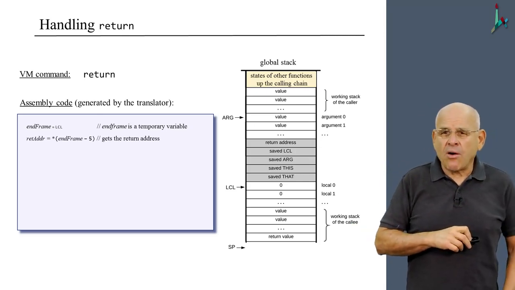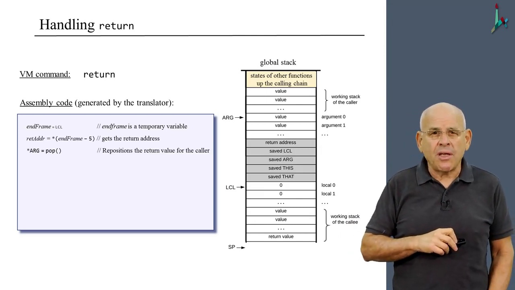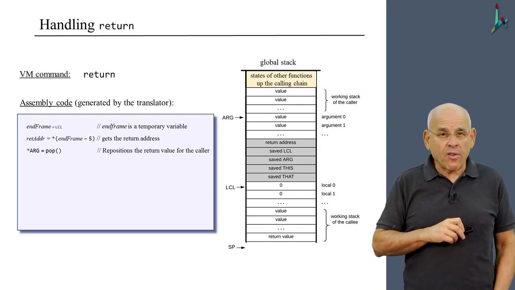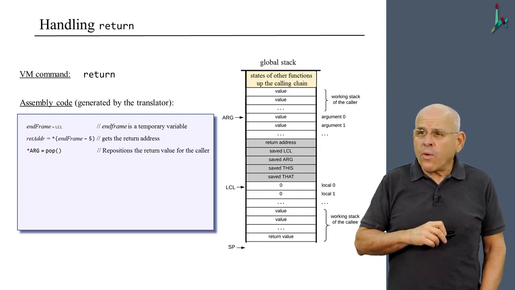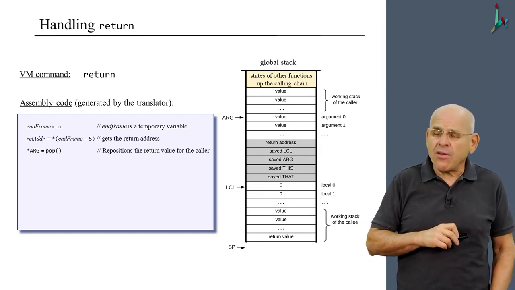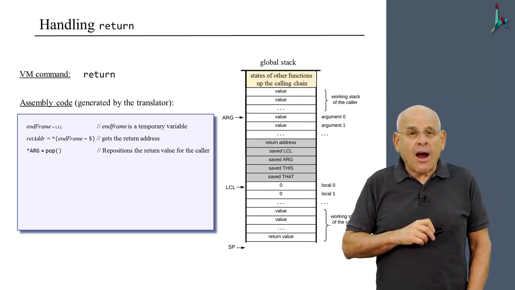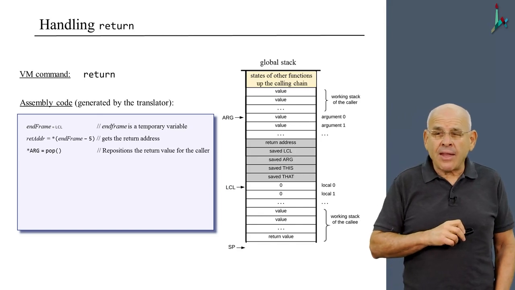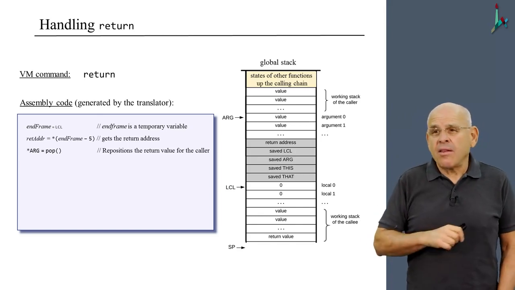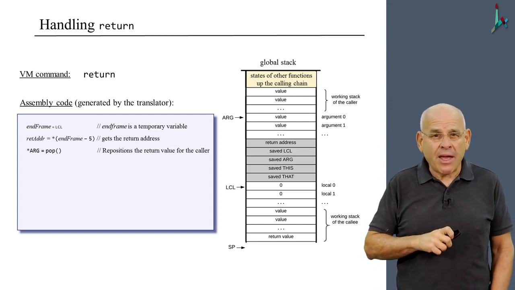All right, so the next thing that I do is I reposition the return value for the caller. Now, where should the return value be? The return value should be copied onto arg0, right? And I already have a pointer that is located right on arg0, and this is the pointer arg.